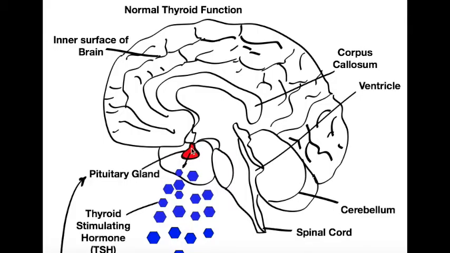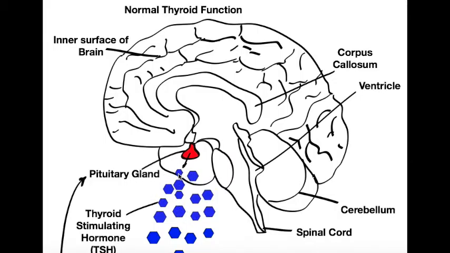Now for such a small organ, it does have a crucial function in the body, and it's this organ that has the ability to control a number of other organs in the body, one of which is the thyroid gland. Here we've portrayed the hormone released by the pituitary gland as these blue hexagons, otherwise known as the thyroid-stimulating hormone.